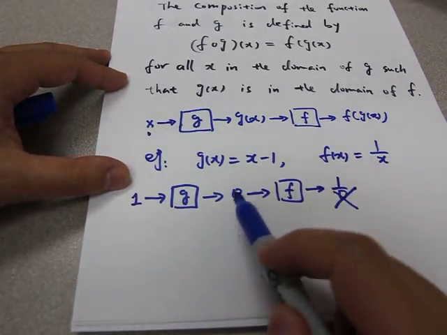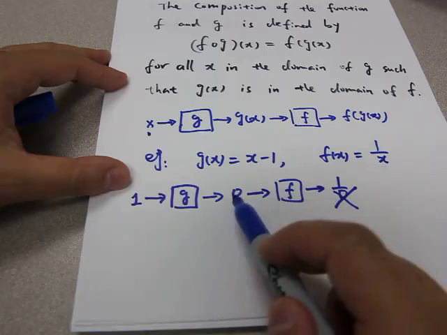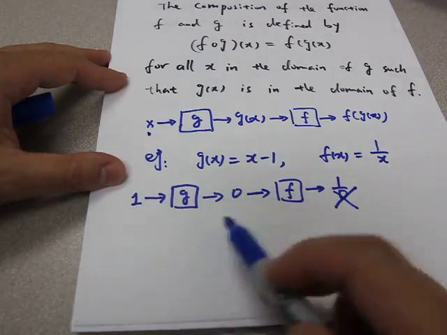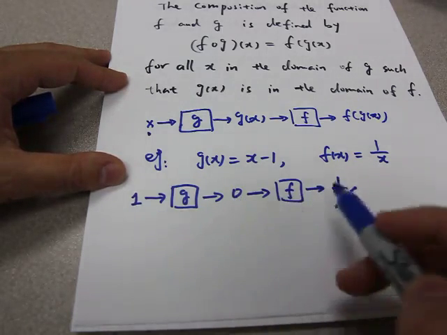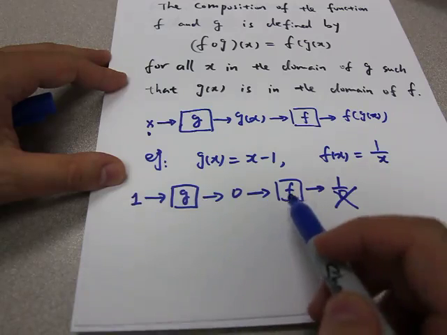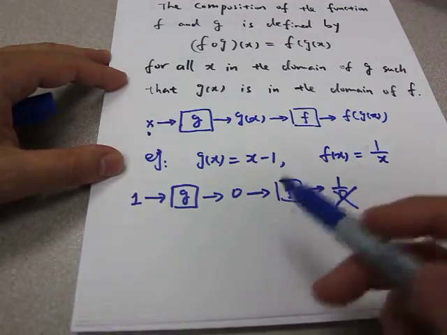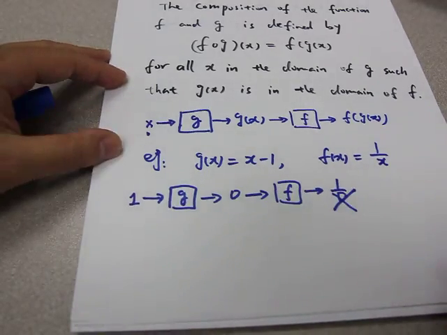So therefore, since 0 cannot be used as input of f, that means 1 cannot be used as input of this composite function. So in this example, 1 is not in the domain of this composite function, even though 1 is in the domain of g(x).